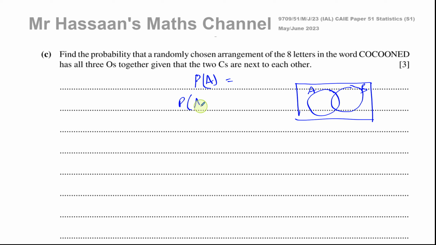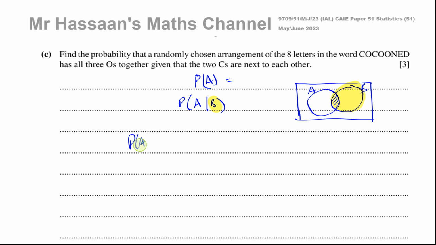But if I said, find the probability of A given B, now the sample space becomes B. So we don't look at the whole thing, we only look at the circle that comes after given, and we can only choose things that belong to B. So the probability of A given B is just this part of A over B. B is the sample space, and just that part of A is going to be the part that goes here.